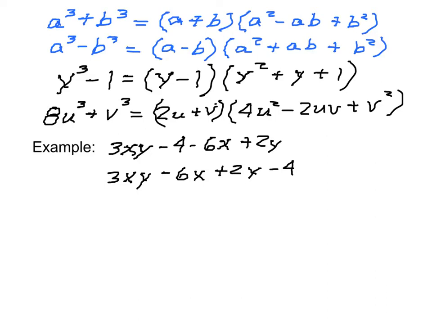So let's look at the first two terms. I notice I can factor a 3 out and I can factor an x out. So this becomes 3x times y minus 2. In the second two terms, I notice I can factor a 2 out. And that leaves me with y minus 2.